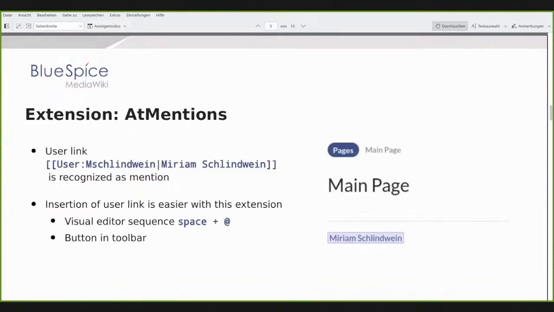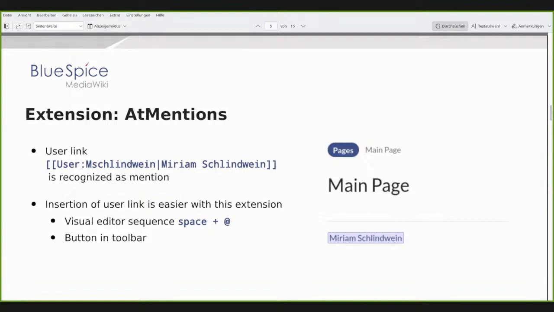So let's talk about the extension AtMentions. You probably all know how the link syntax works, so it's very hard currently to mention a user on a page or to set a user link on a page, because you have to know the username, which can be difficult if you work with real names.